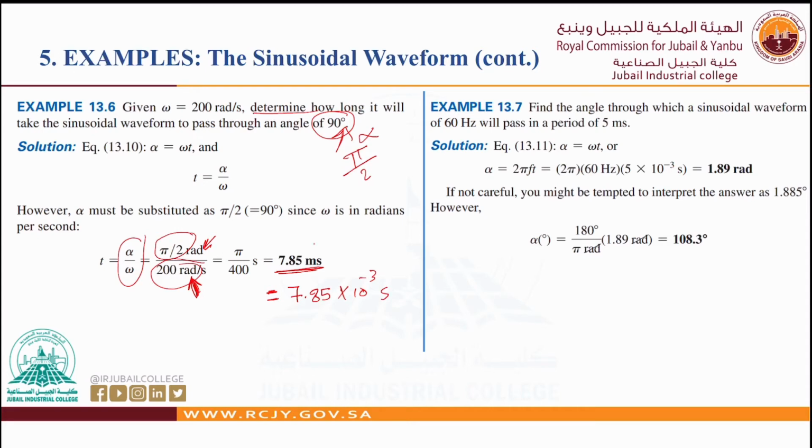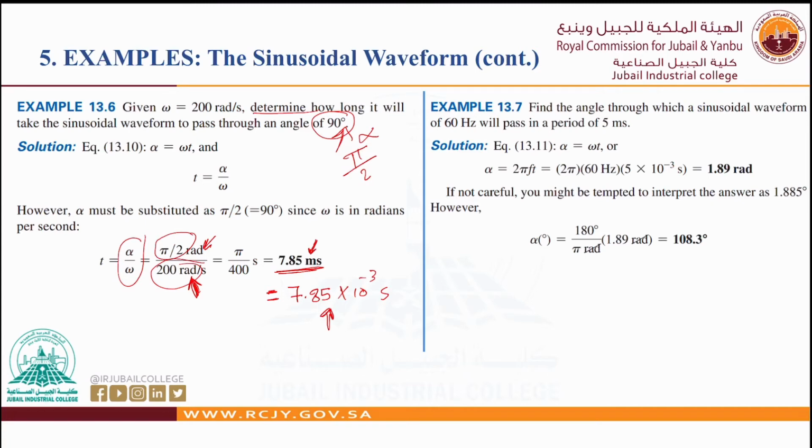You can write this form or this form, because they are the same. I prefer to have both because I want to see that you understand the conversion of milli as a letter to a multiplier of 10 to the power minus 3.